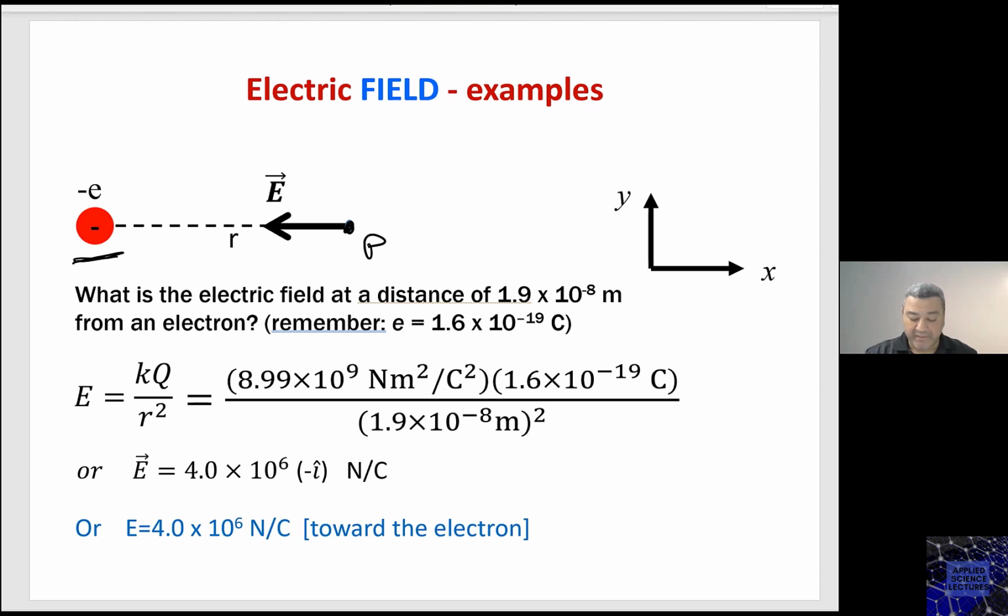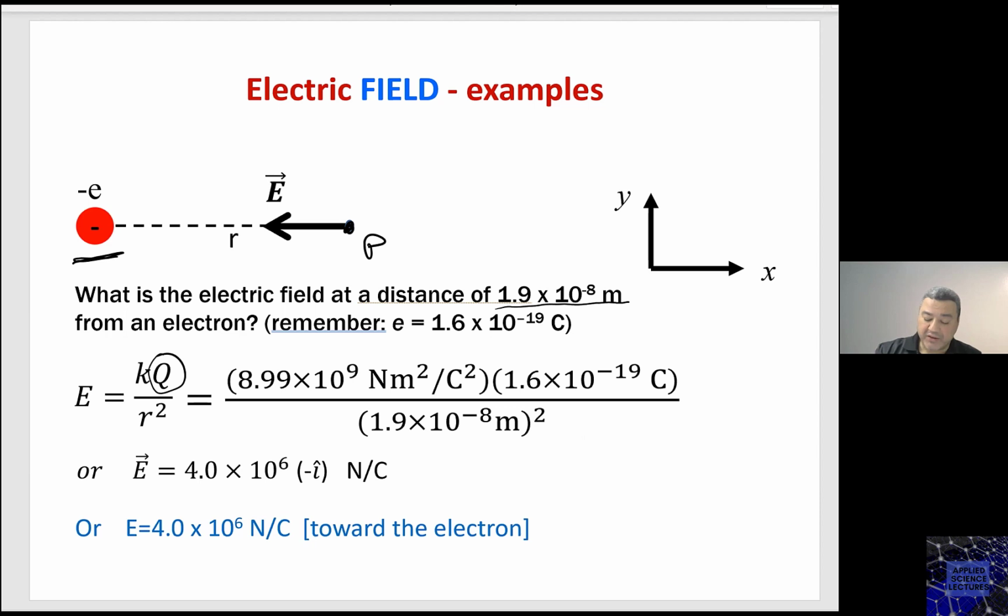Here I have the distance as 1.9 times 10 to the power minus 8 meter. k is 8.99 times 10 to the power 9, and the charge magnitude is 1.6 times 10 to the power minus 19.